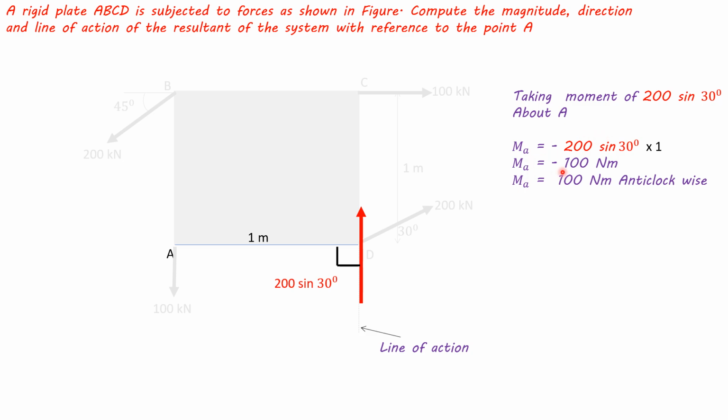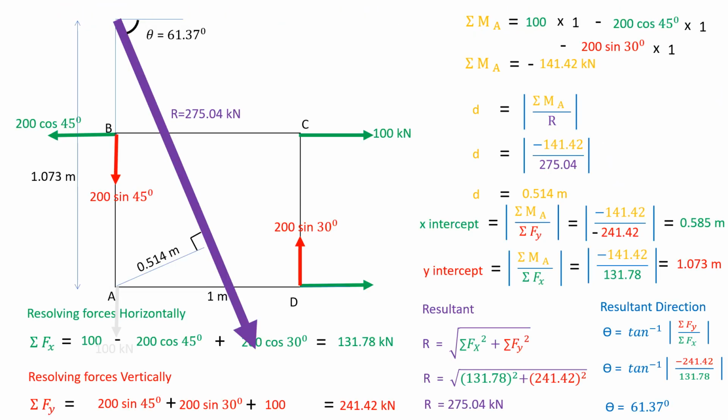We get minus 100 kN meters, that is 100 kN meters acting anti-clockwise. What we have done is found the moments. Now we have the summation Fx values, summation Fy values, and moment values.